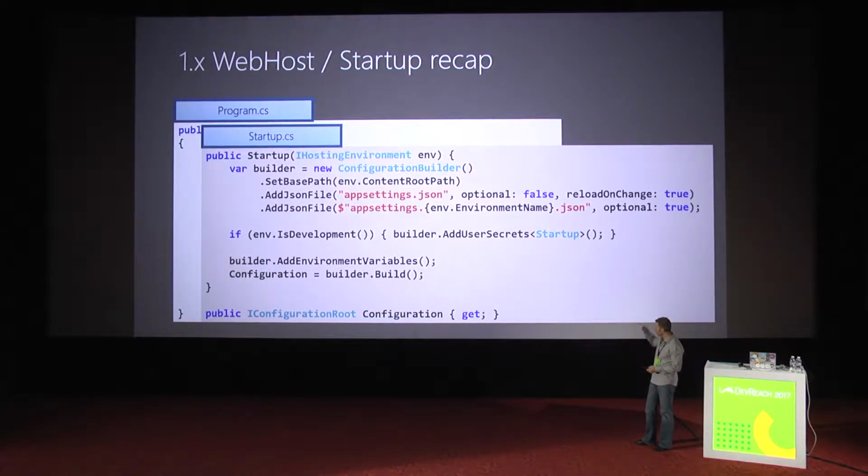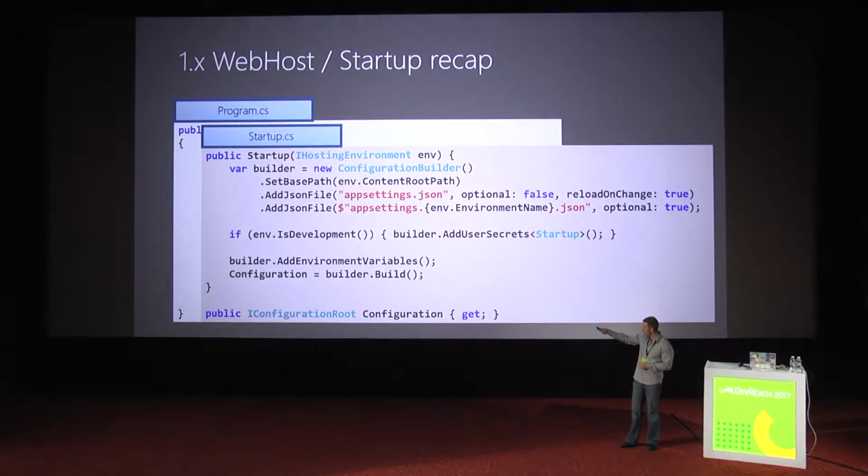If we take a look a little further down, ASP.NET Core has this notion of environment variables, where you're able to set an environment variable with a reserved name. I believe it's ASPNETCORE_ENVIRONMENT. You can set that to values like development or production or staging to trigger certain behaviors in your application.